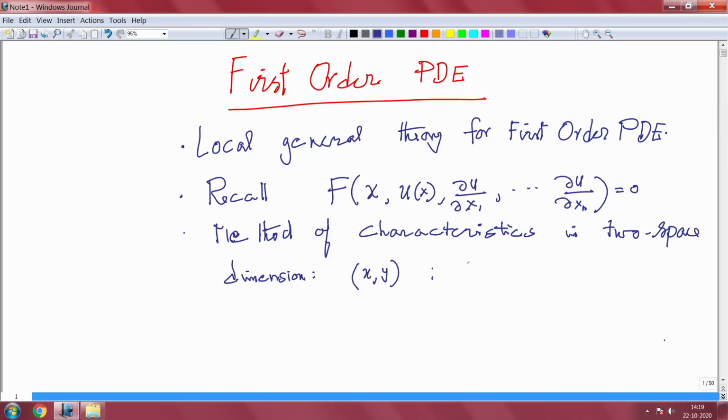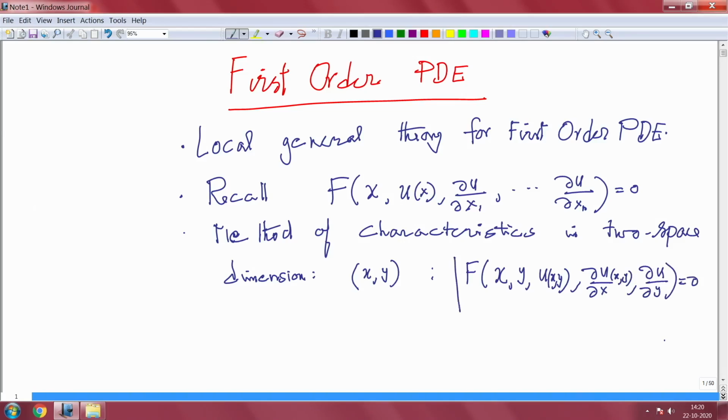So, your general equation is F of x, y, u of x, y, du by dx at x, y, and du by dy equal to 0.